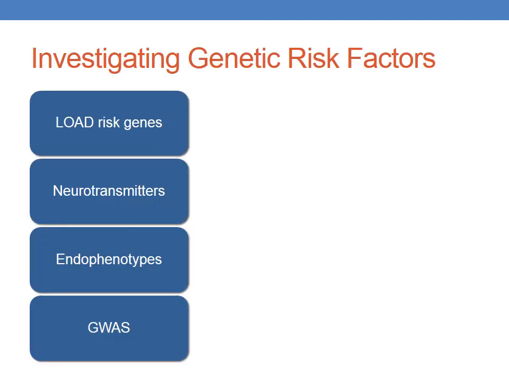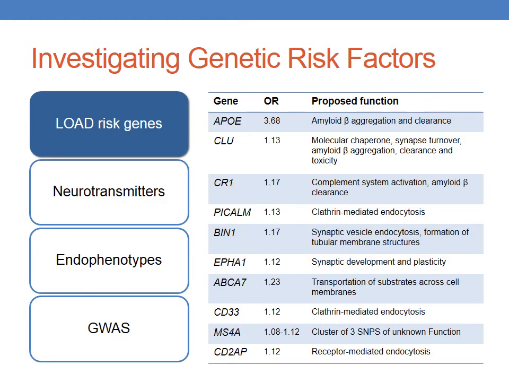So as I said earlier, there's been a number of genes that have been proposed to be a risk factor for cognitive decline, and these have been associated with candidate genes, neurotransmitters, and phenotypes, or variants identified through genome-wide association studies. So I'm particularly interested in the genes that have been previously associated with late-onset Alzheimer's disease, which you can see in this table here.